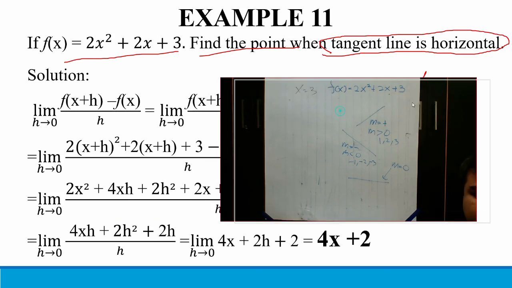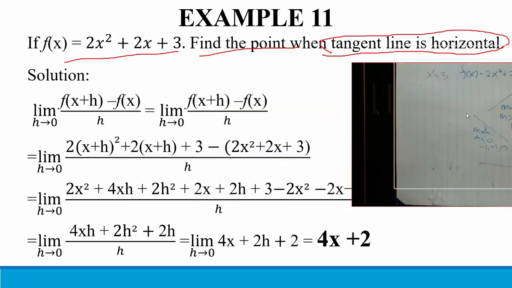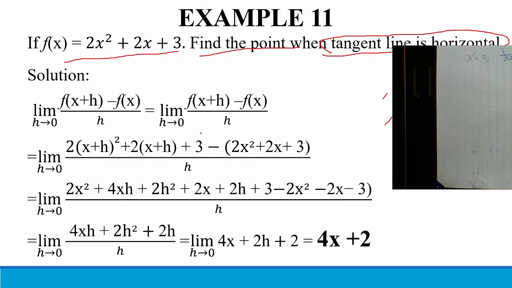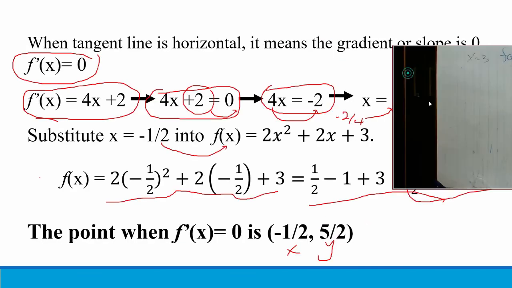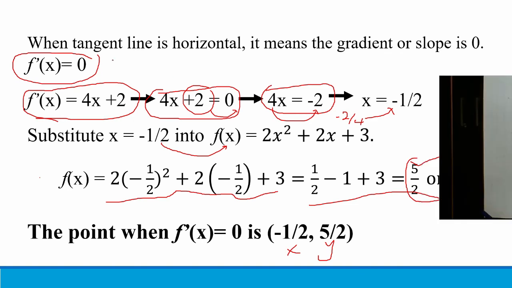So when the tangent line is horizontal, the gradient is equal to 0. I use the same one. You get f'(x) equal to 4x plus 2, and you put the gradient slope as 0. So 4x plus 2 equal to 0.